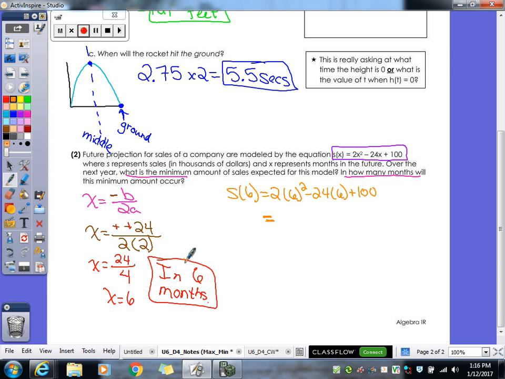Come on, you should all be typing it in your calculator. You got to practice. 28. But that's not our final answer, because remember, it said that sales were in thousands of dollars. So it's really 28 what? Yep. It's 28,000 will be the minimum. There we go.